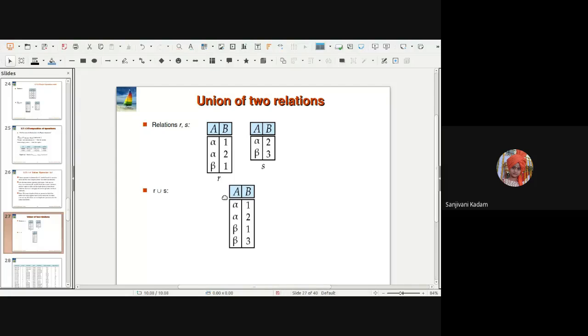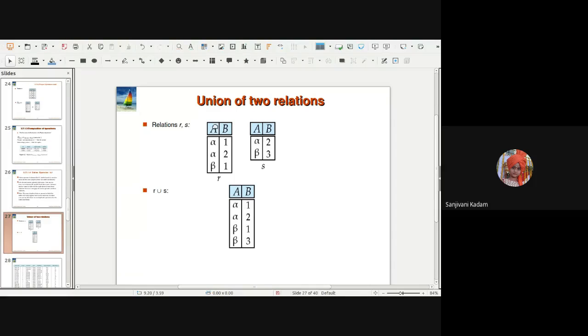Union of two relations is possible if these two relations are union compatible. Union compatible means that relations R and S should have the same number of columns, and the respective domains of these attributes should also match.